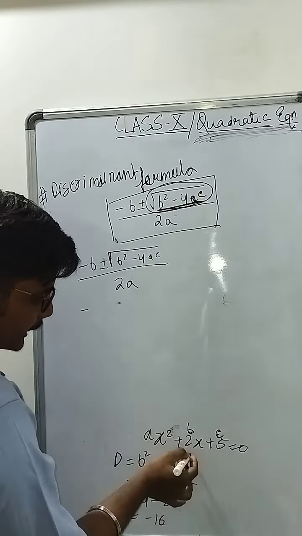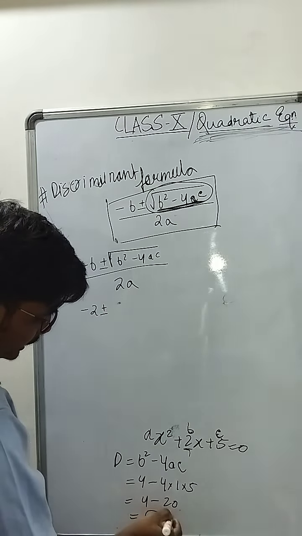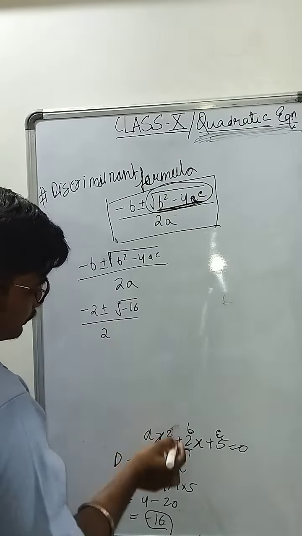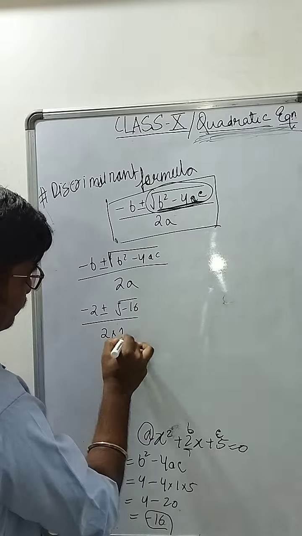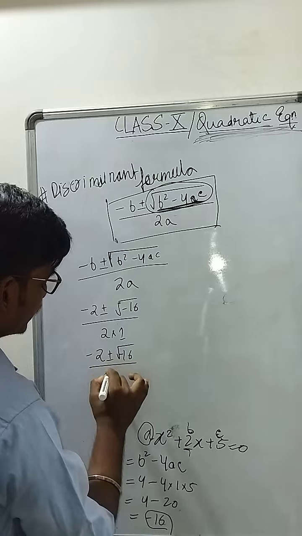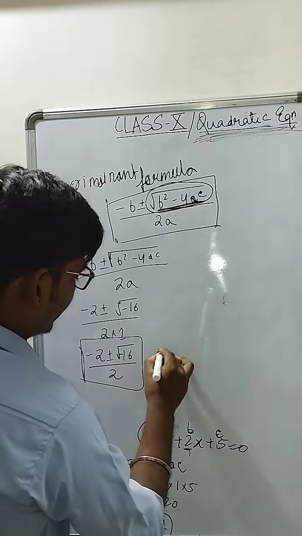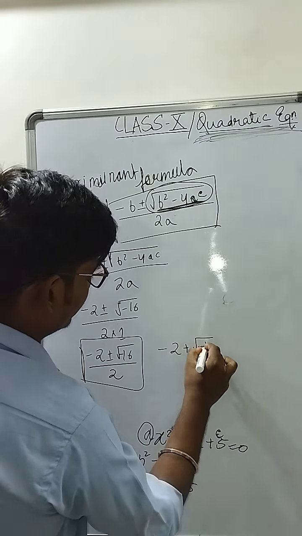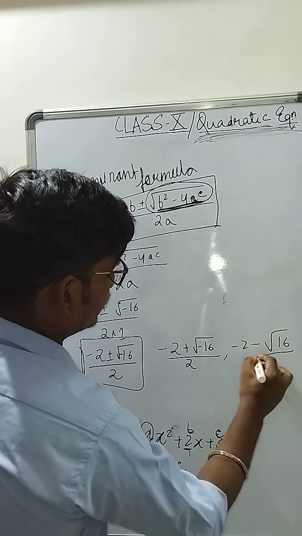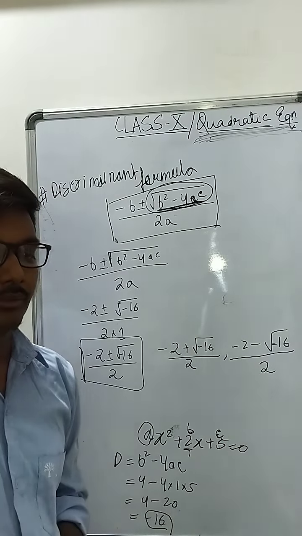So minus b means minus 2, plus minus root over b square minus 4ac, that is root over minus 16, divided by 2a, that is 2 times 1. So minus 2 plus minus root over minus 16 divided by 2. This is the answer. So we write it as minus 2 plus root over minus 16 by 2, and another is minus 2 minus root over minus 16 upon 2. These are the discriminant formula answers.